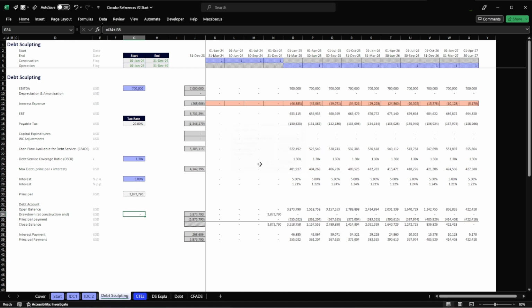And there we go. So now we get the $3.8 million as the total principal for this project, and everything matches. So we have a zero closing balance at the end of the tenor, and the total principal is equal to the total principal here, so the numbers are the same.